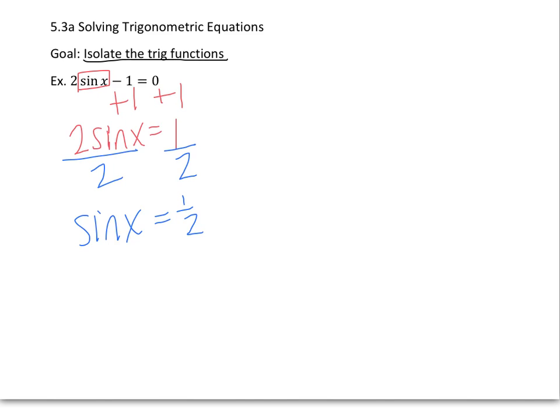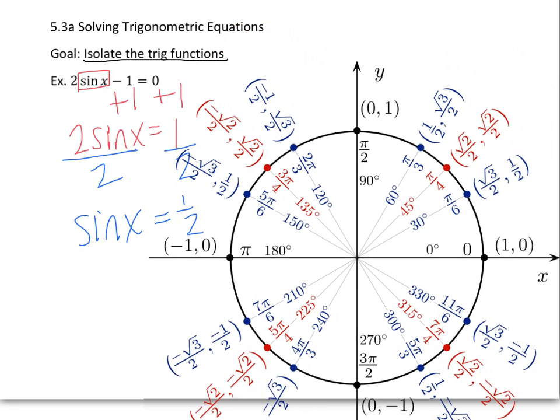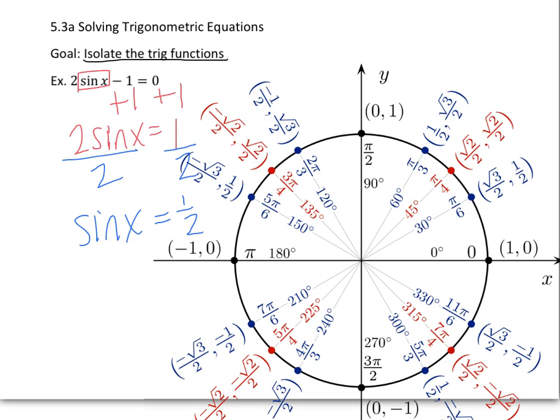And now here's your question. Where does sine x equal 1/2? If you look at your unit circle, you'll see where sine x equals 1/2. You'll have to remember that sines are the y-coordinate, so we're looking at y-coordinates. There's a 1/2 at pi over 6.